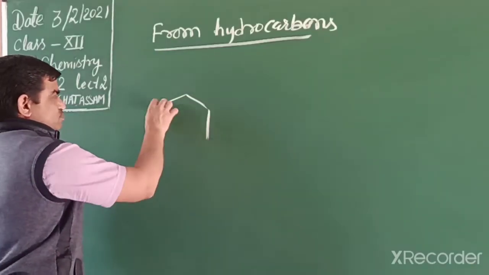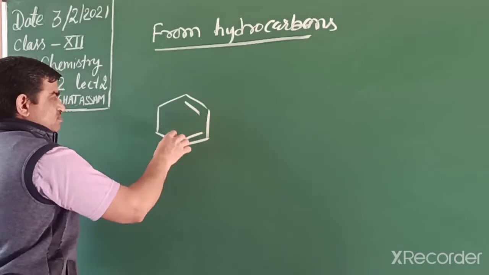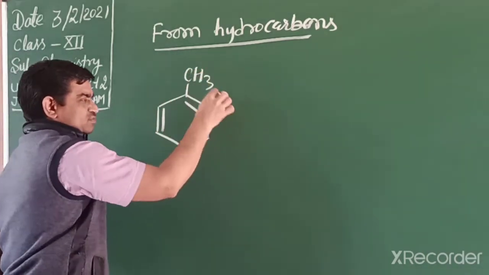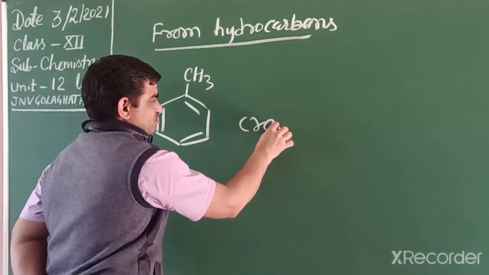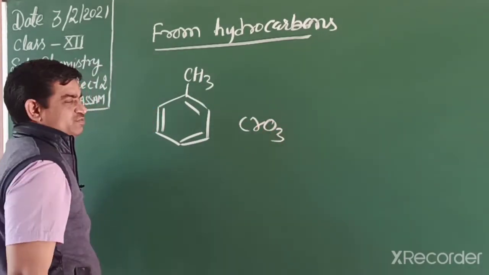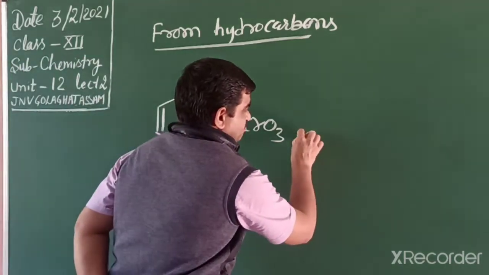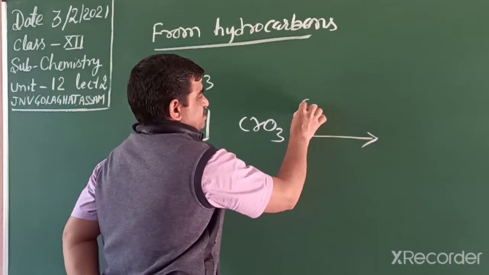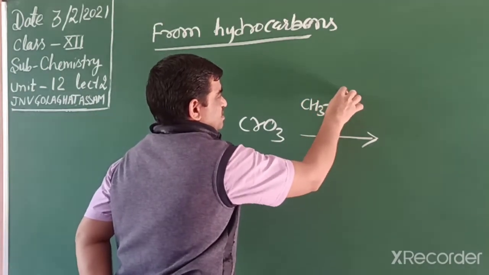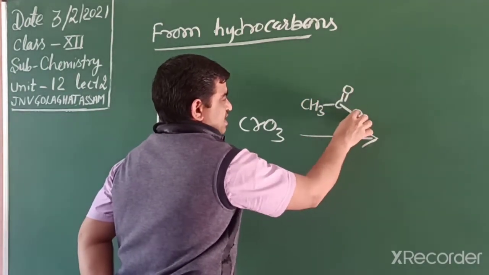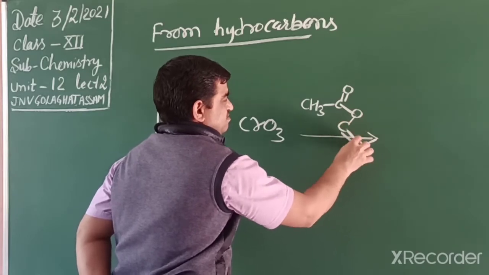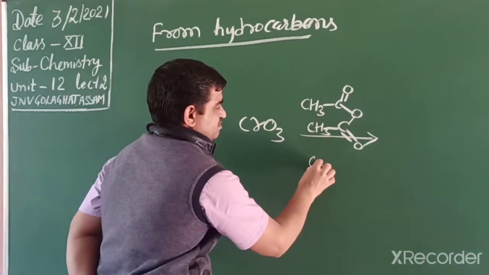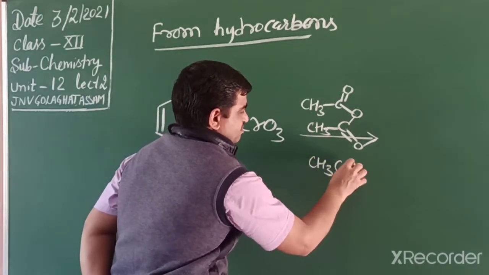From toluene we can prepare benzaldehyde using chromium trioxide also. We know this is also a weak oxidizing agent, used in the presence of acetic anhydride. We can write it in this way.